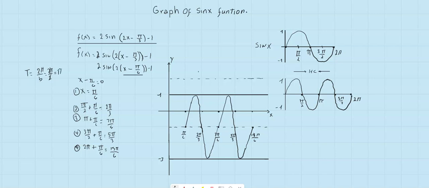So now, every pi, I'm going to have a full sine function. And I can also go to the left, because it's been shifted already, pi over 6.